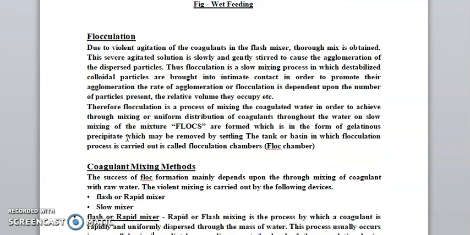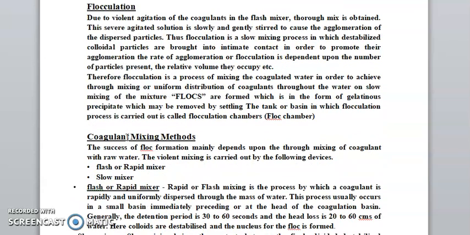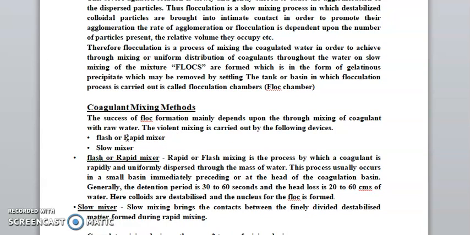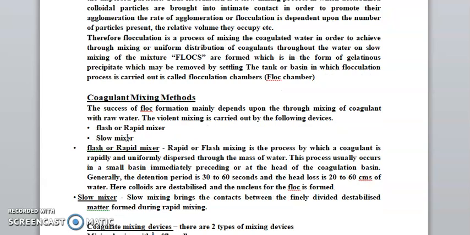Now, coagulation mixing process. The success of coagulation mainly depends upon thorough mixing of the coagulant with the raw water. Mixing is carried out by the following devices: rapid mixer and slow mixer. In rapid mixing, the coagulant is rapidly and uniformly dispersed into the mass of water.